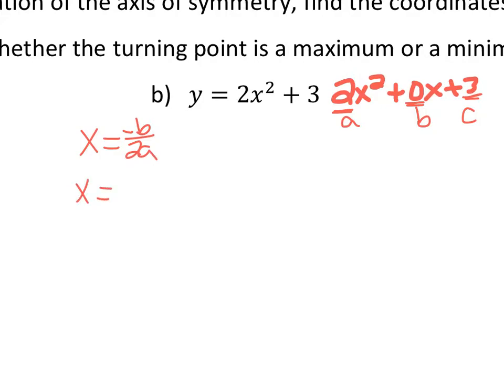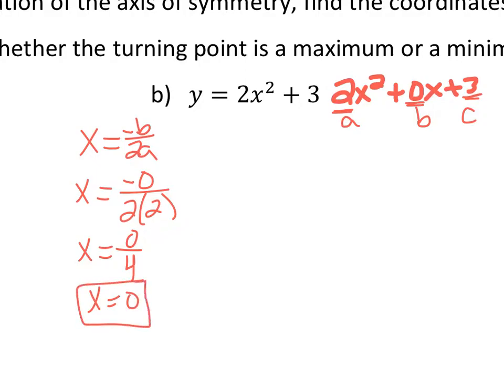X equals negative b, which is 0, over 2 times a, which is 2. You can't have negative 0, so it's just 0 over 4, which equals 0. So your axis of symmetry is x equals 0.